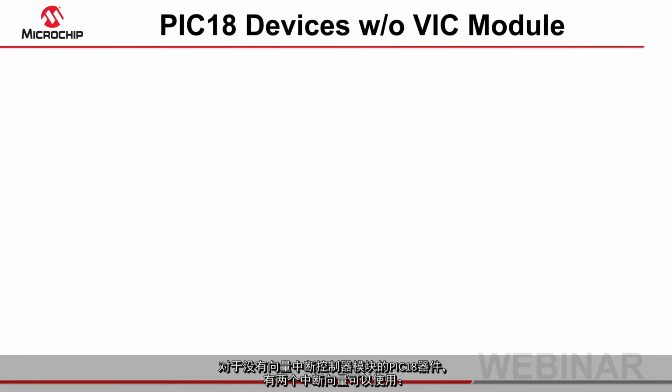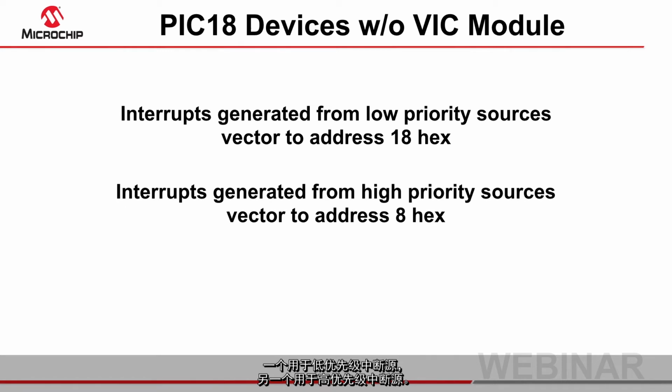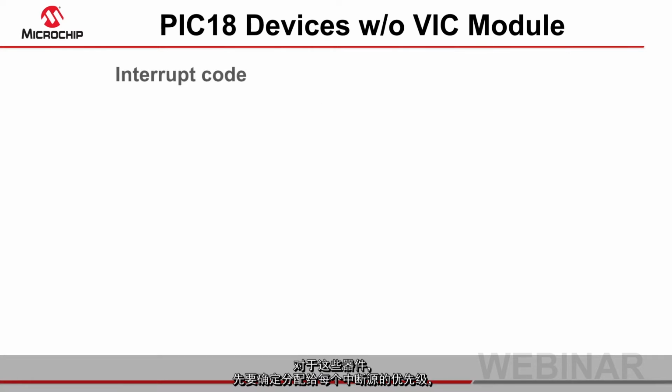The PIC18 devices that do not have the vectored interrupt controller module use two interrupt vectors, one for interrupt sources with a low priority, the other for high priority interrupts. For these devices, determine the priorities to assign to each of your interrupt sources.